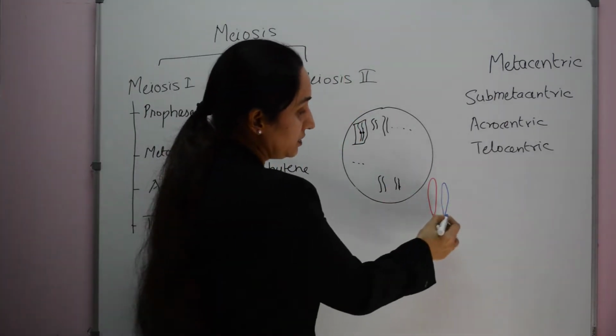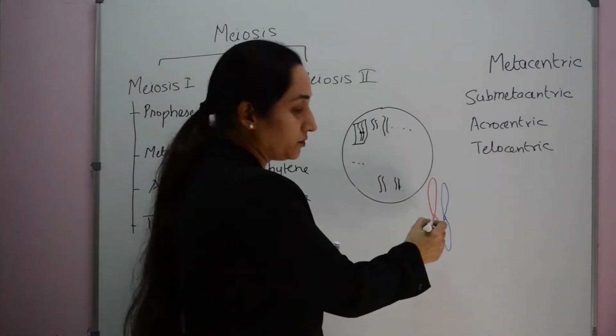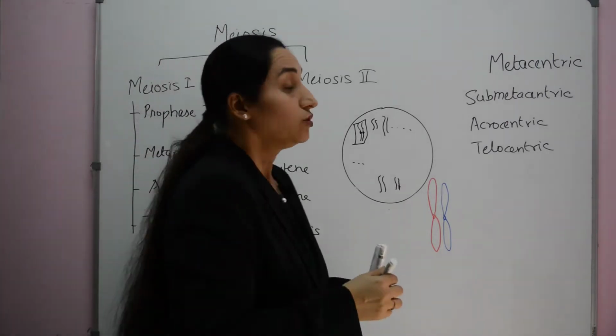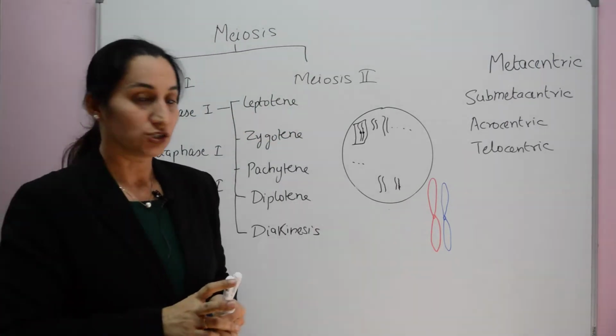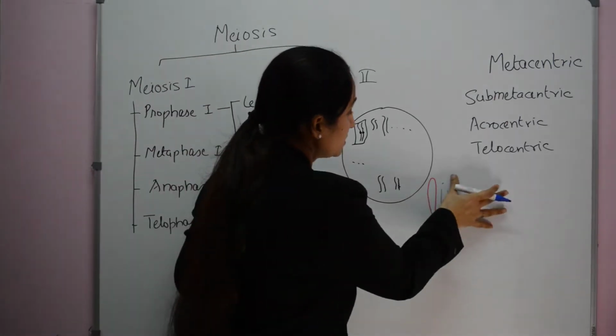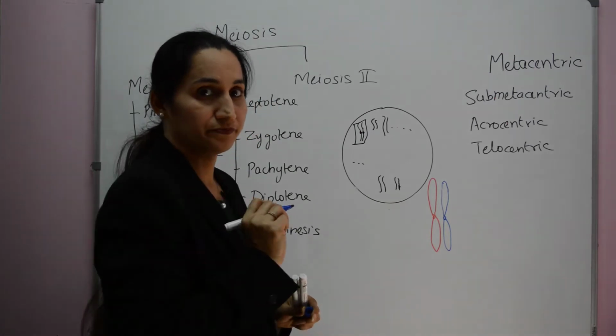Right? Here you can notice that I have drawn the position of centromere similar in both cases. Now we were talking about the third characteristic of homologous chromosomes. In this case, the locus of gene will remain the same.